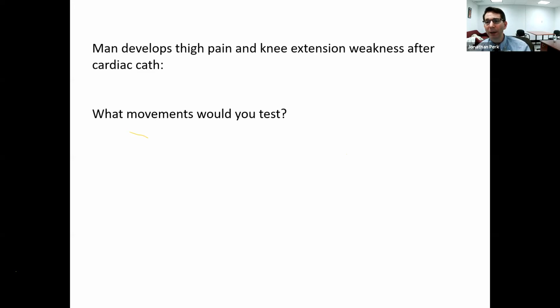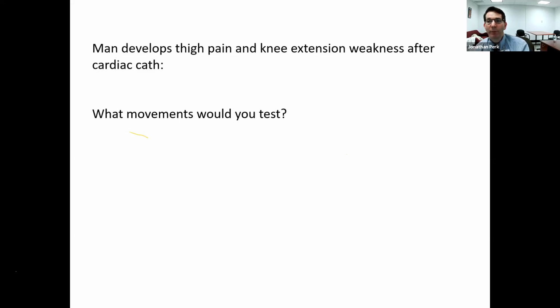But it could also be because the patient is heavily anticoagulated and they develop a retroperitoneal hematoma, and so it will hit all the lumbosacral plexus. They'll have weakness. Or it could be a local problem where they did the catheterization in the femoral artery very close to the nerve in the groin.